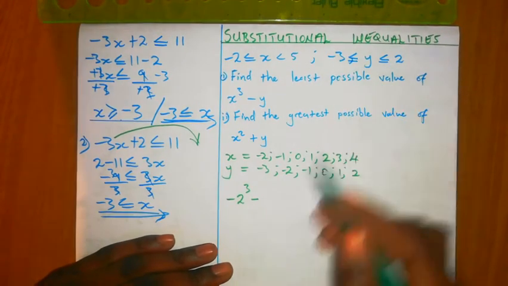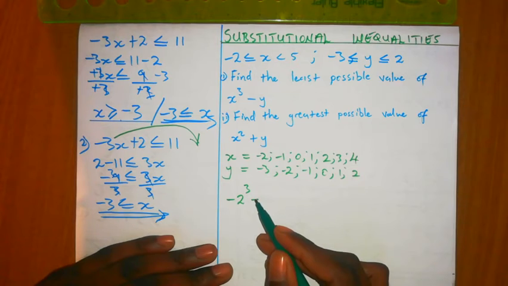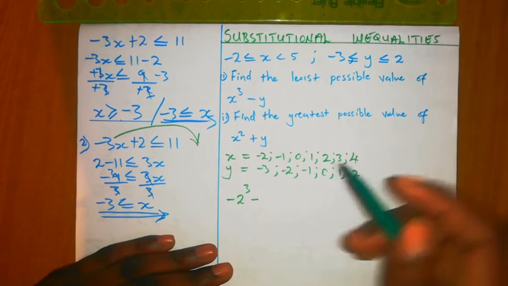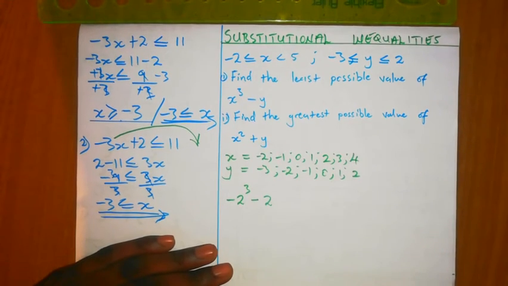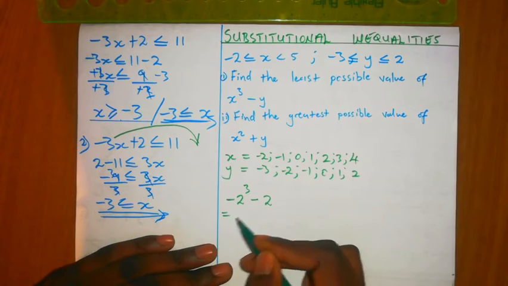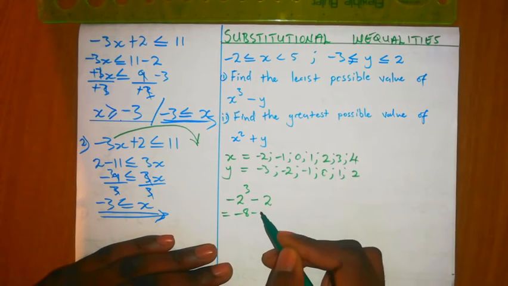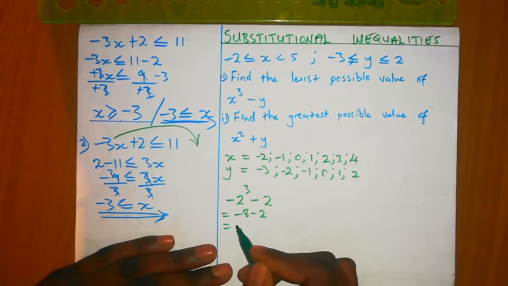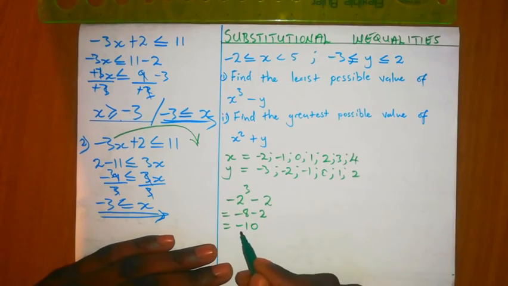The reason being that it will transform this into a positive. So I'm supposed to consider a positive value. In this case, I'm going to use a 2 there. Now it's negative 8, minus 2 is equal to -10.